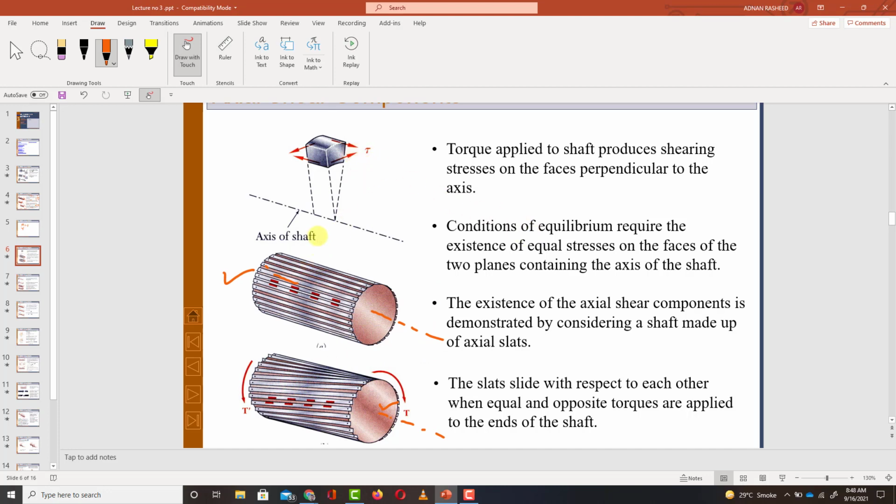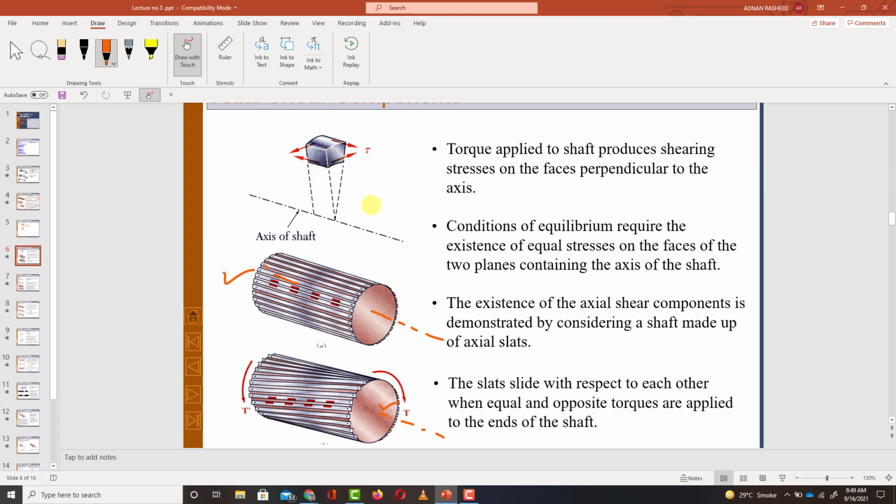Clear? So let's take any section of this shaft. For example, a portion of this shaft is shown here. This is the axis, and this is some portion of the shaft.